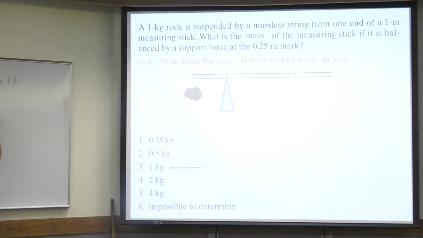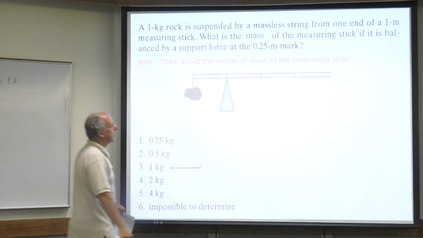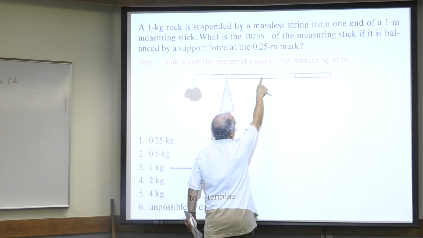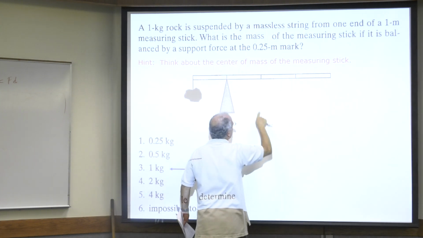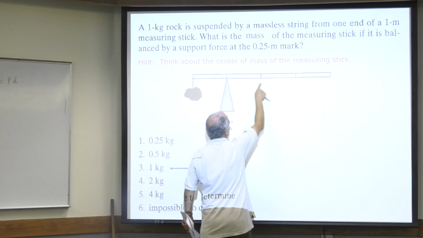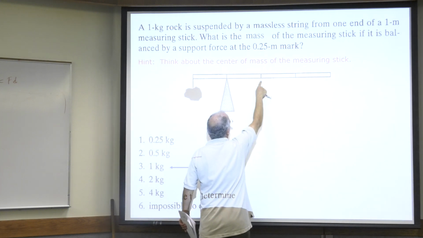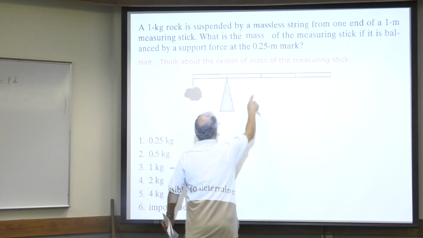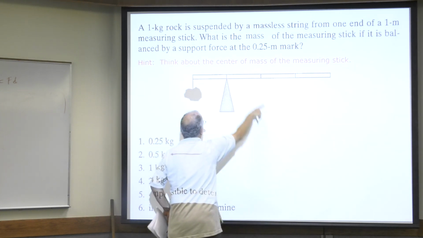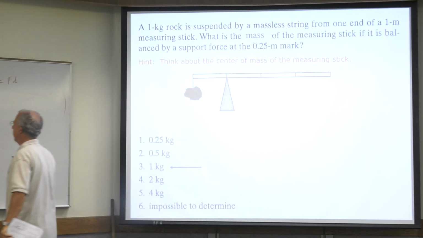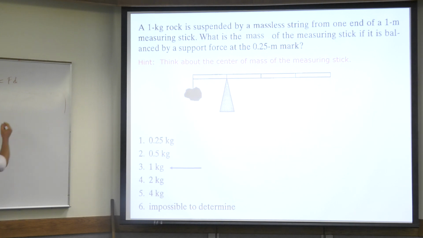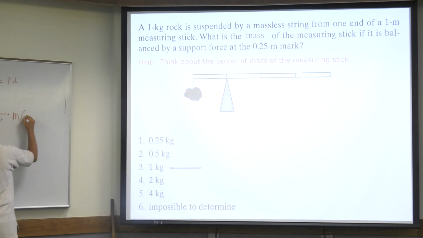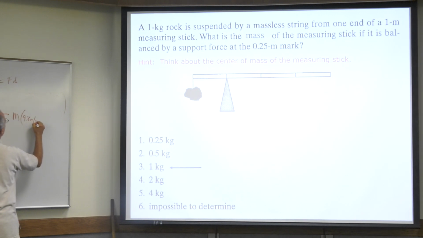Now the mass of the meter stick can be considered to be at the center of mass of the meter stick. We wanted to determine what that mass was. So the force here would be m, the mass of the meter stick, times g. But it's going clockwise, so we have to give it a minus sign. So minus m times 9.8 meters per second squared.